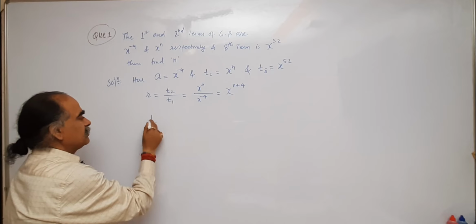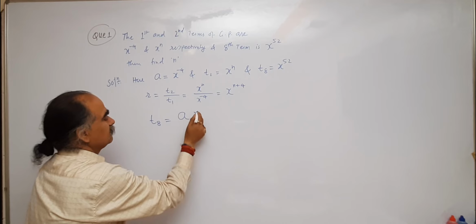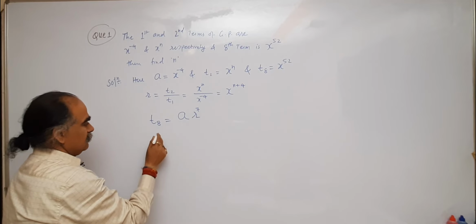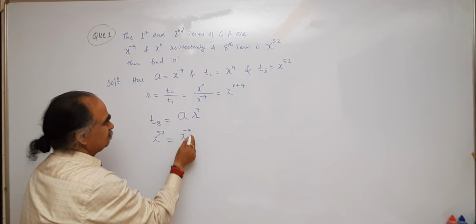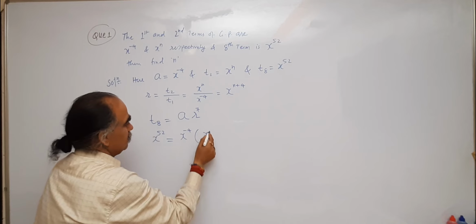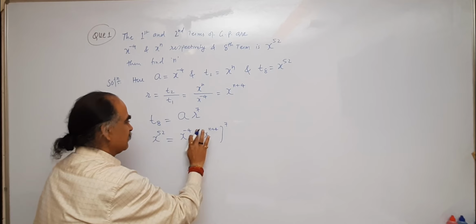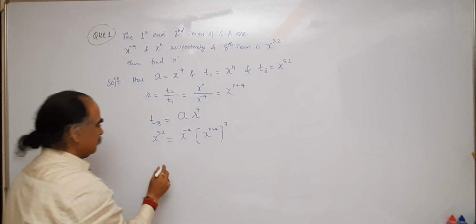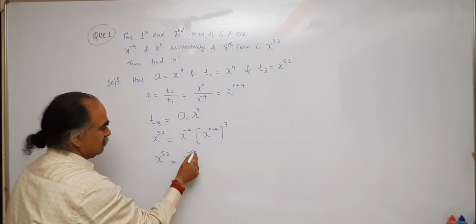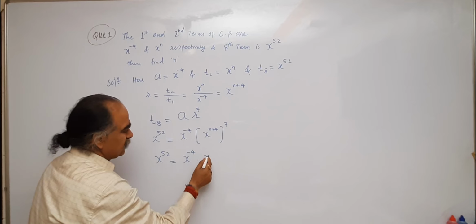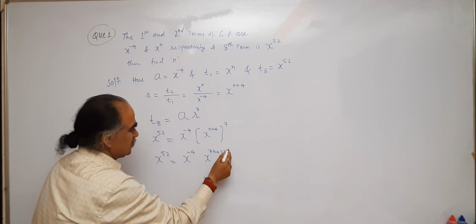Now the eighth term is what? A into R raised to 7. So x raised to 52 is x raised to minus 4 into x raised to n plus 4 raised to 7. Now power of power gets multiplied, so x raised to 7n plus 28.